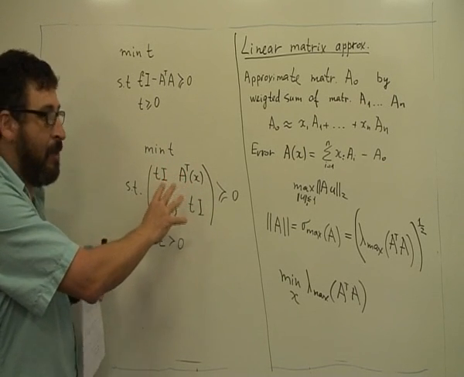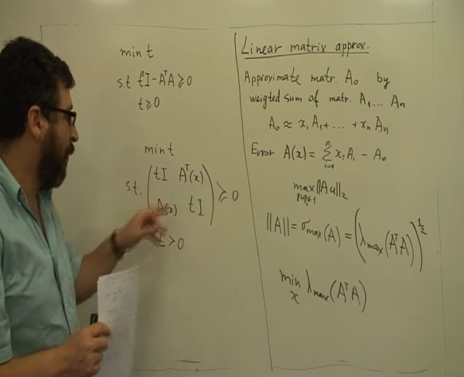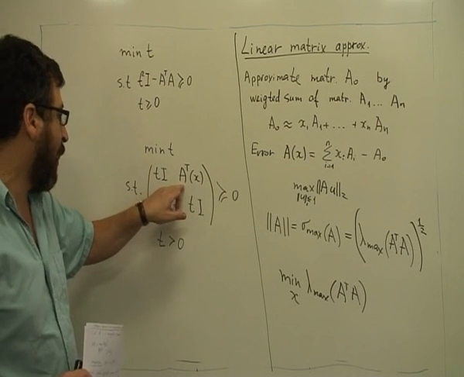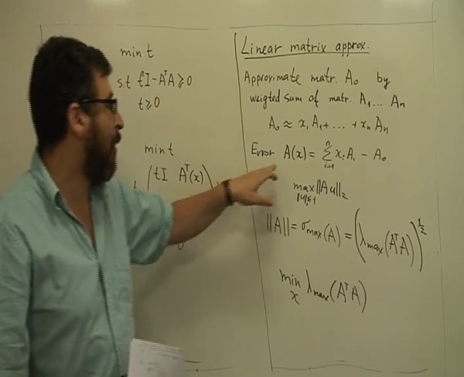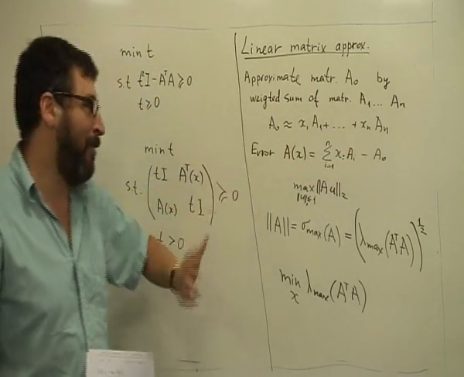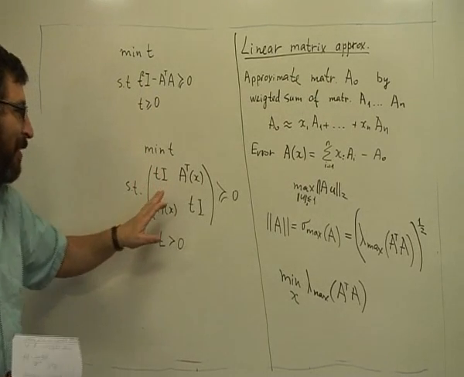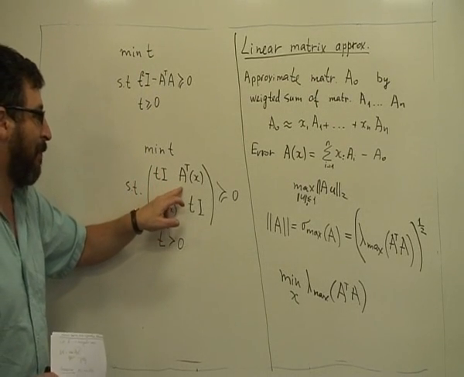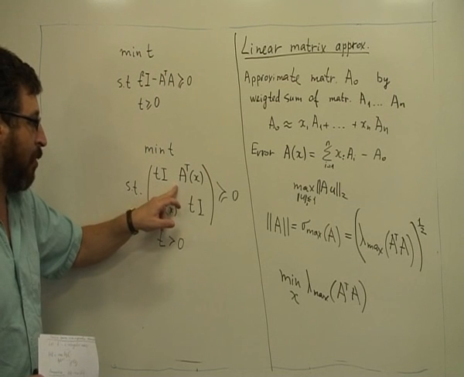If it were 0, it would mean that A of x is 0, and then I just minimized with zero error and have no problems remaining. Suppose that it's not 0.